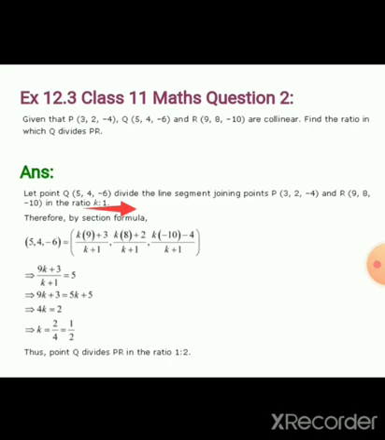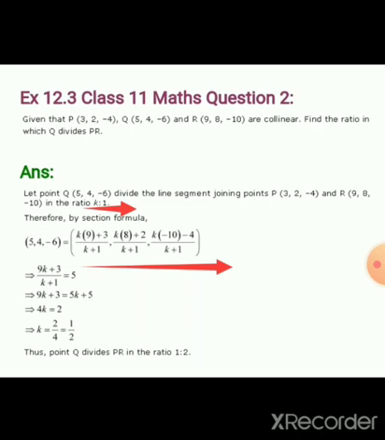Therefore the required formula will be, coordinate of the point Q, that is (5, 4, -6) equal to kx2 plus x1 divided by k plus 1, ky2 plus y1 divided by k plus 1, next kz2 plus z1 divided by k plus 1. So replace the values.